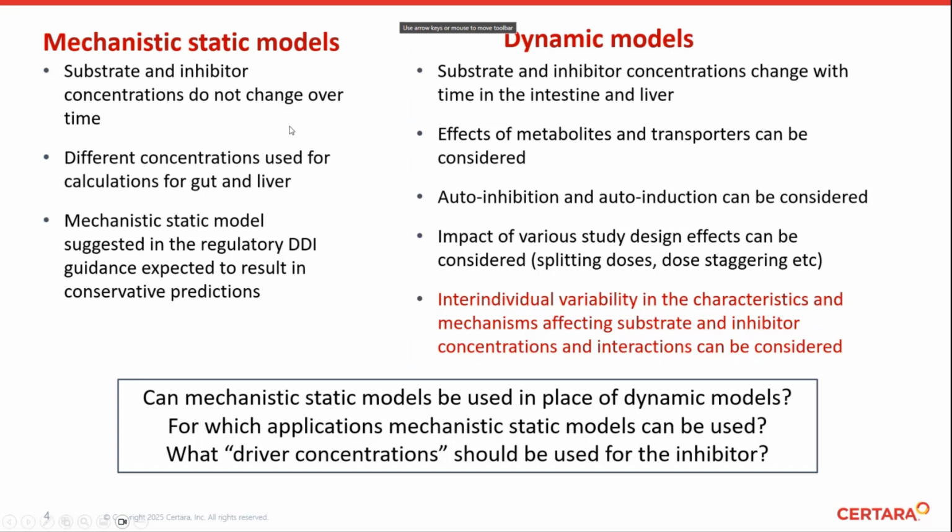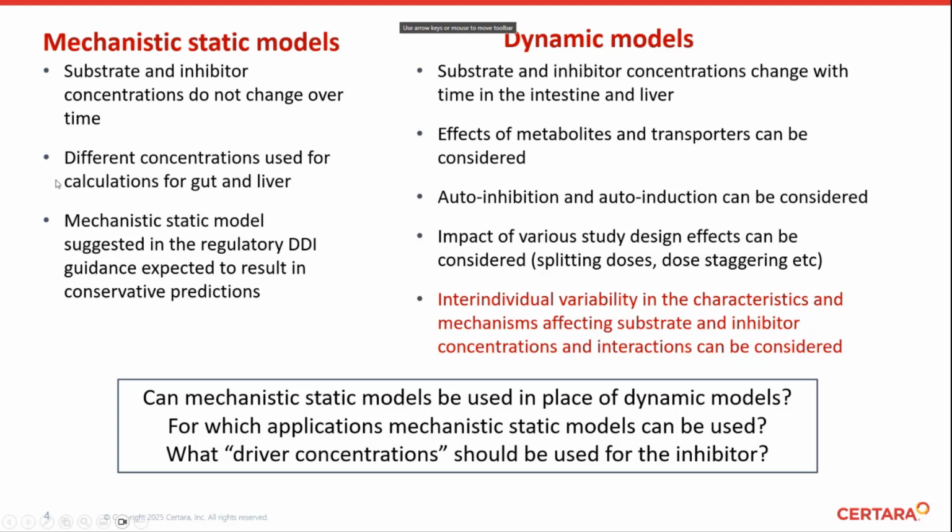So just briefly, in mechanistic static models, the substrate and inhibitor concentrations do not change over time, so it's static, but different concentrations are used for different organs. When we are talking about cytochrome P450 metabolism, the relevant organs would be liver and gut.